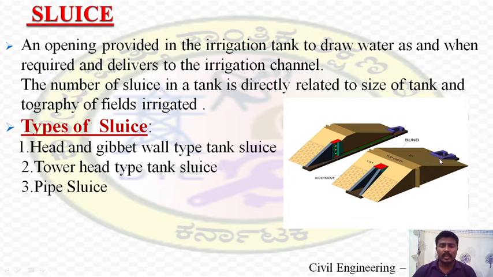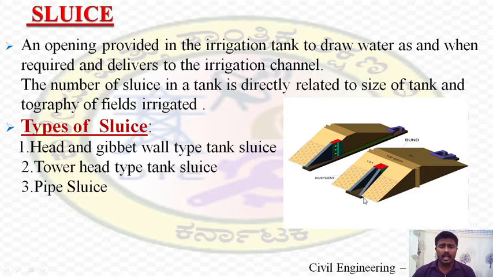In other words, a sluice is provided under the bund to discharge water from the inlet chamber to the outlet chamber. The number of sluices in a tank is directly related to the size of the tank and the topography of the field irrigated.